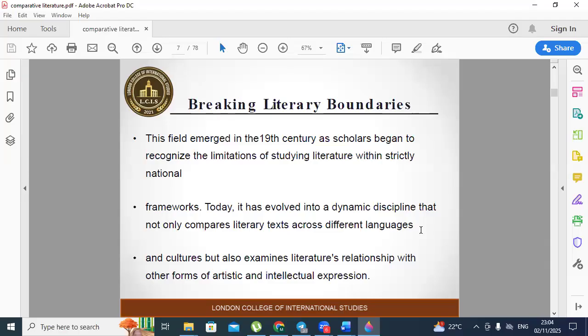Crucially, it expands the scope beyond just comparing texts to each other and introduces the idea of examining literature's relationship with other forms of artistic and intellectual expression, such as film, music, or visual art, which is a key aspect of its interdisciplinary nature.